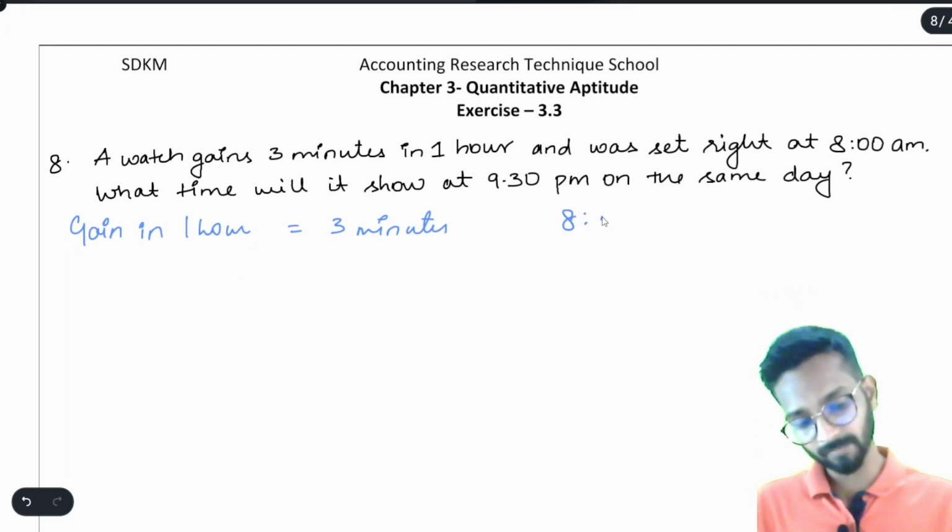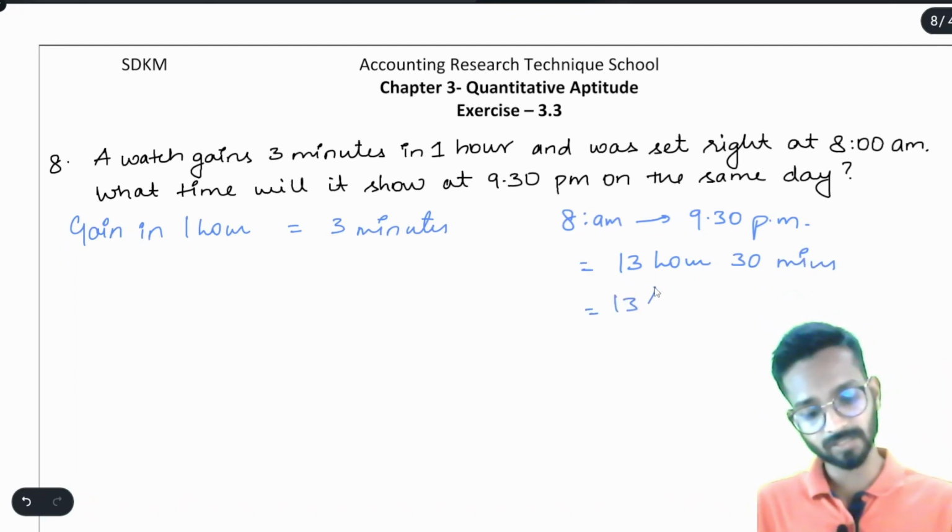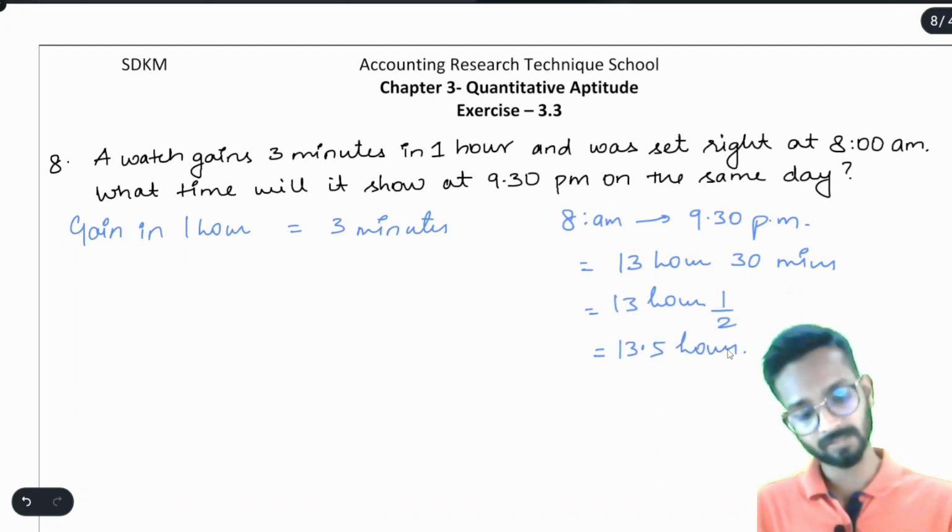From 8 am to 9:30 pm, how many hours are gone? Totally 13 hours and 30 minutes have passed. Correct. 13 hours and 30 minutes, 30 minutes is nothing but half an hour, so you can say 13.5 hours is the total time.